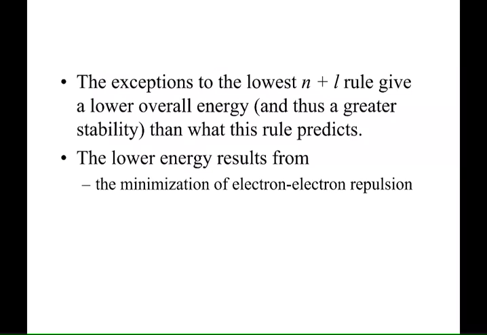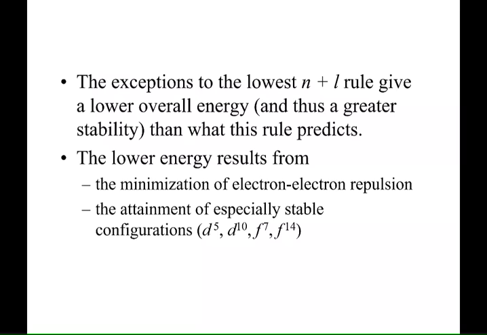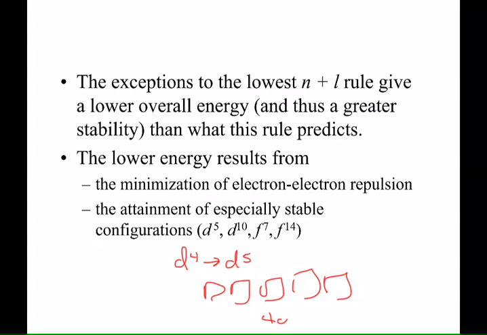So in the example of chromium, you could actually see where it went from a D4 to a D5. And the cool thing about D5 is that actually is halfway filling. You get 1 electron in each one of those boxes. So that's where your exceptions occur.